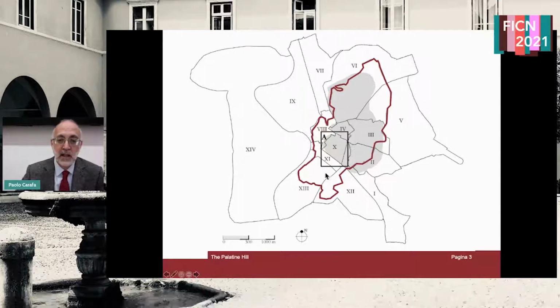In this slide, you see the Palatine within this gray area all around, which is the area of the city in the middle of the 8th century BC.